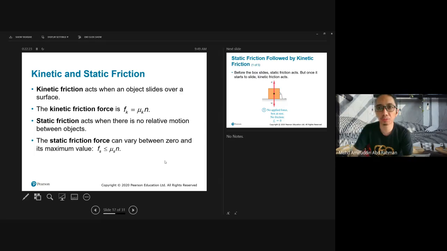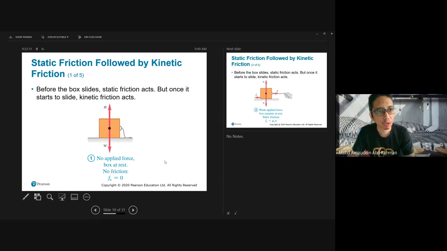So let's look at how to understand this kinetic friction. Before the board slides, the static friction acts, but once it starts to slide, the kinetic friction acts. So those are the two different frictions.